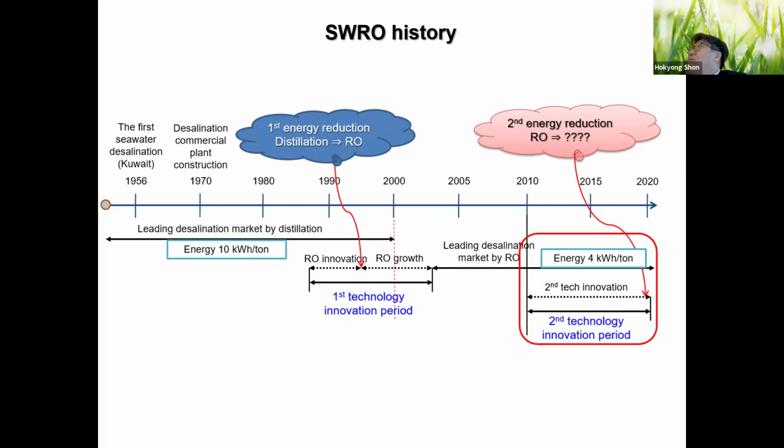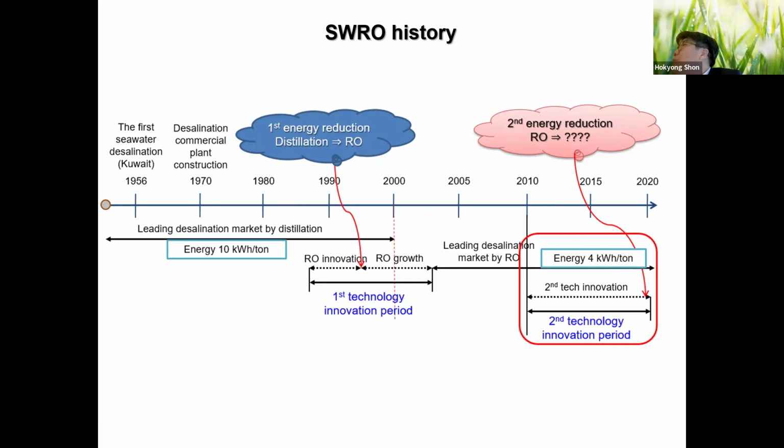At the time, they didn't really change the pressure. A pressure exchanger is like a heat exchanger, where you recover the heat, so you can save your heating cost. The pressure exchanger was developed in the 1990s, and then you reduce your overall energy cost from 10 kilowatt hours to 4 kilowatt hours.